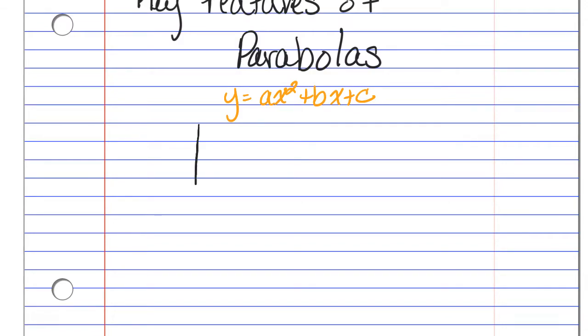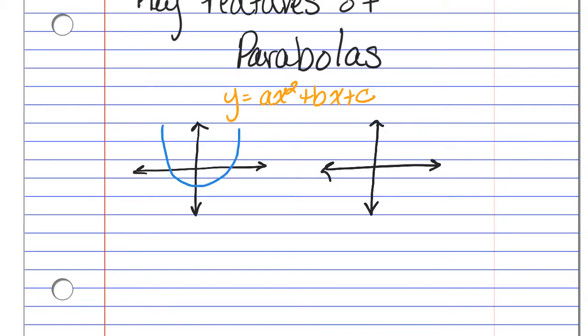Now, parabolas can have two distinct shapes. As I'm drawing out my graphs here, we have both positive and negative parabolas. Positive parabolas, let me do this in blue, point upwards, or we say they open upwards, and this is called a positive parabola because the a value, or that starting value, is positive.